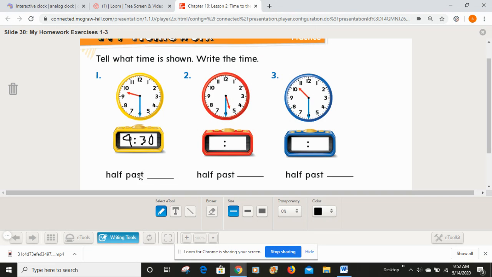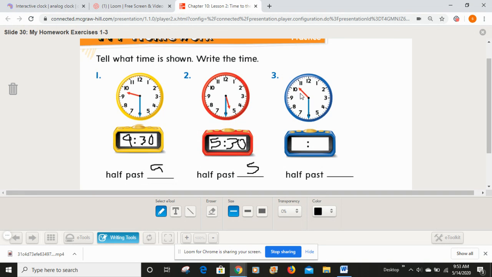Or we can say 9:30. On this clock, my minute hand points down to the 6. My hour hand is past the 5, but not to the 6. So we say it is 5:30, or half past 5.